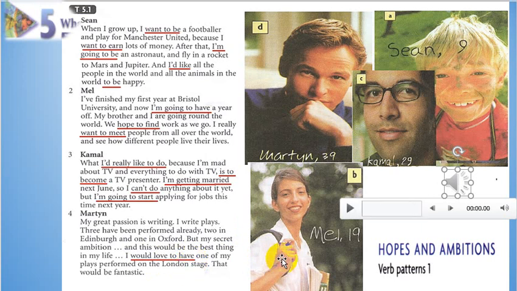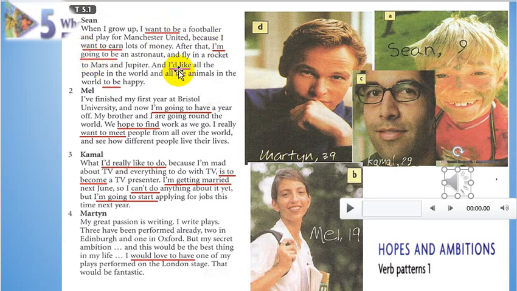As you heard in the tape script, these are the verb patterns. As you can see, it's an exercise. Want to be: verb plus to plus infinitive. Want to learn. I am going to: am, verb, going to, verb plus ing.